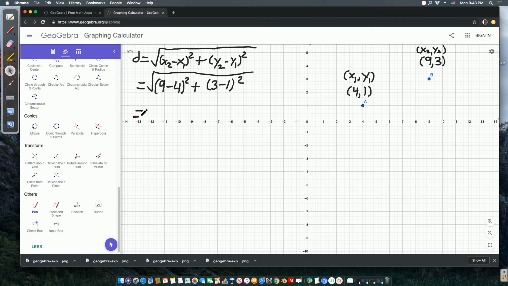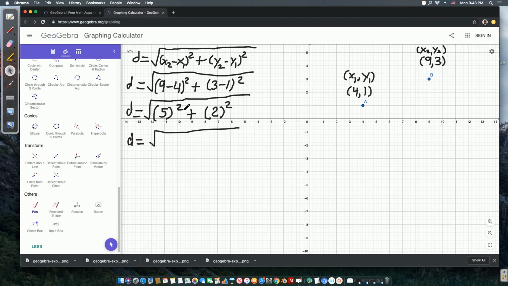Alright, so we'll keep computing. The difference between 9 and 4 is 5, and that's squared. And then the difference between 3 and 1 is 2, and that's squared. And let's also keep the d out here because we want to be consistent. Now we have the distance equals what's under here. We can break it down further.